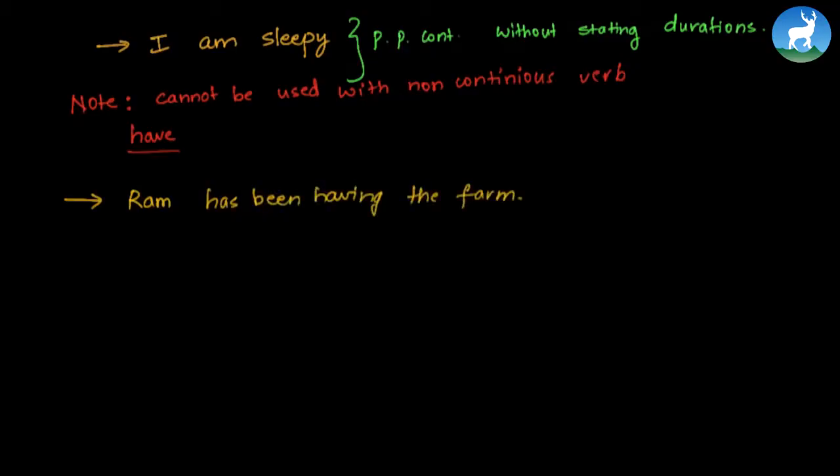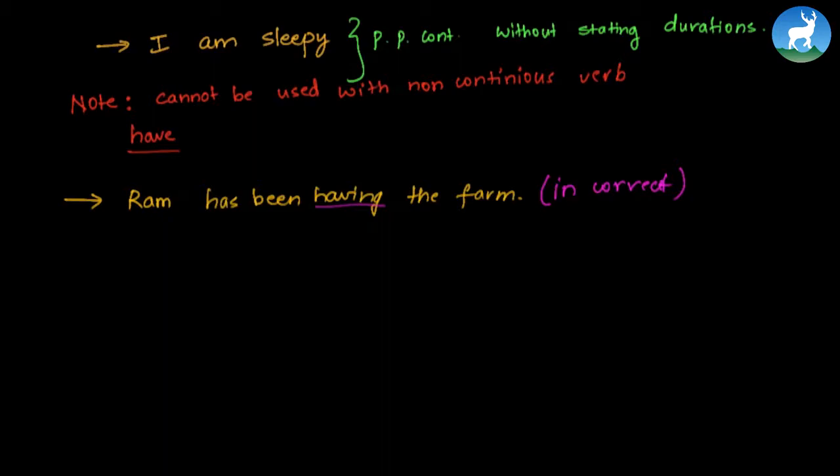The example, Ram has been having the farm, is absolutely incorrect, as we do not use the continuous form of a non-continuous verb. Have is a non-continuous verb, and adding ing to have will be incorrect.